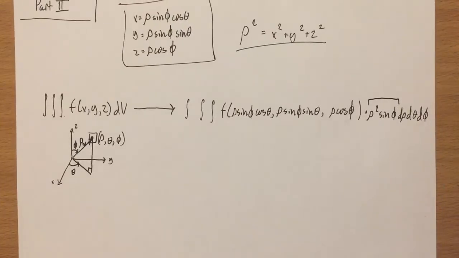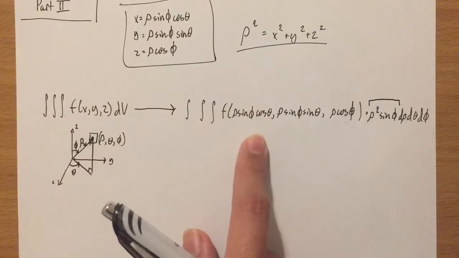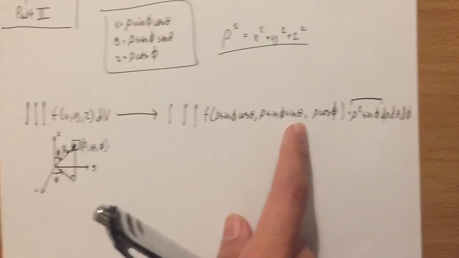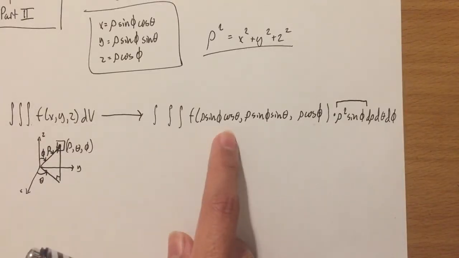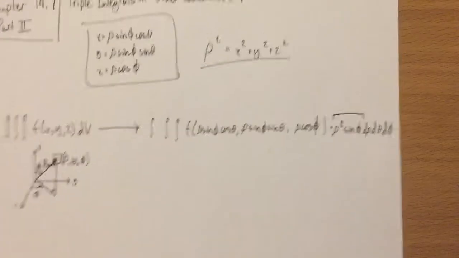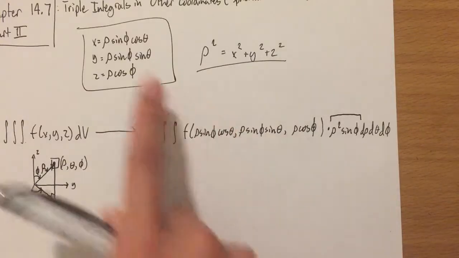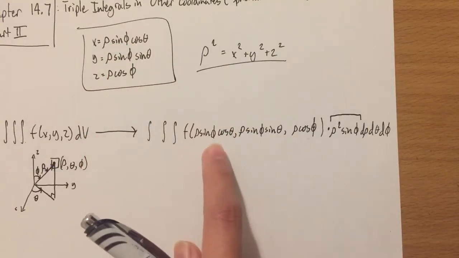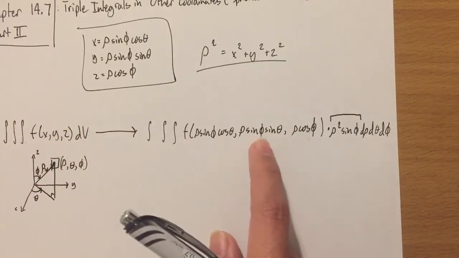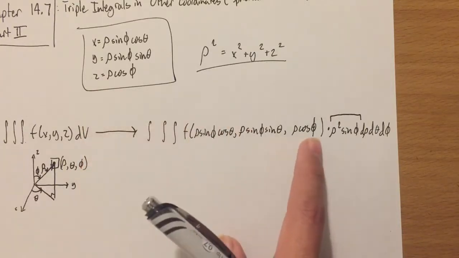So the general conversion would be from rectangular into spherical. So instead of x, you would substitute rho sine phi cosine theta, and for y, rho sine phi sine theta, and for z, rho cosine phi.